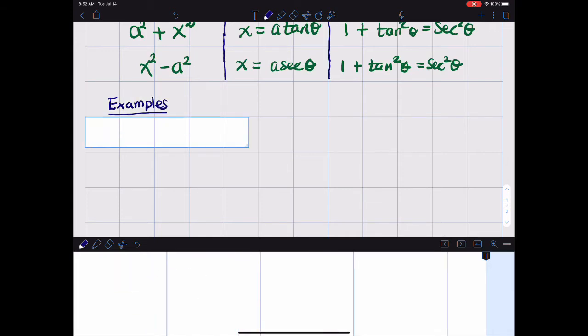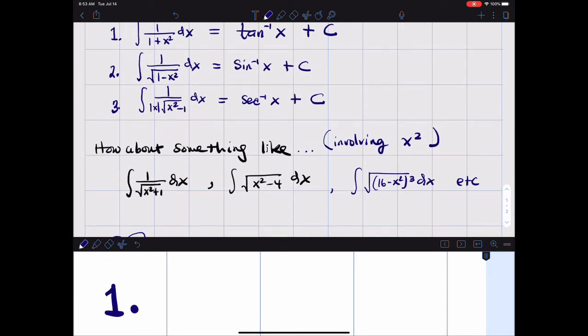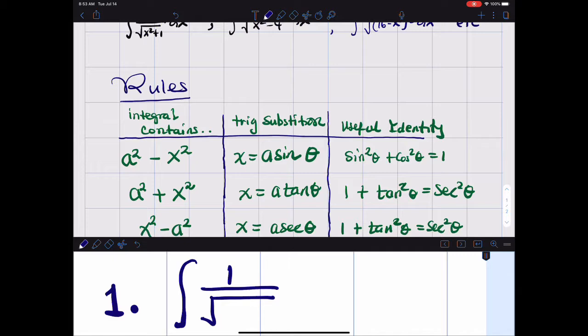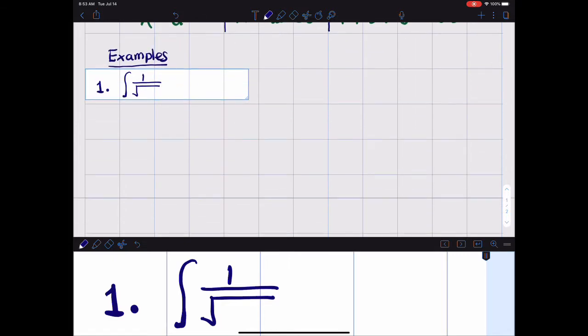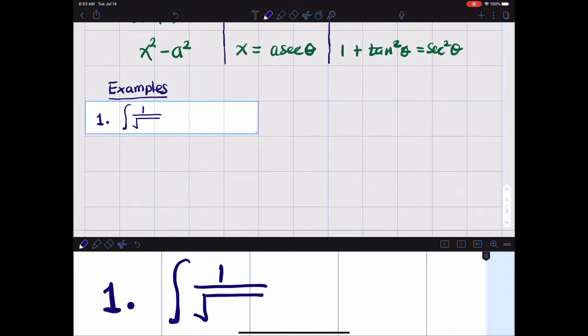All right. So the first one is the integral of 1 over the square root of x squared plus 1 dx.